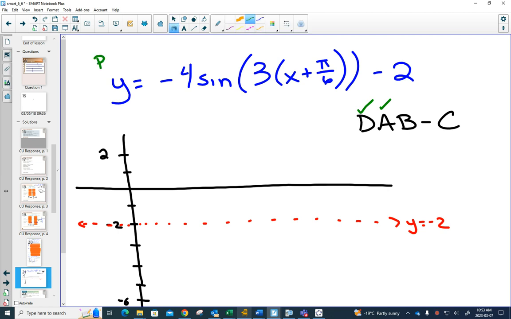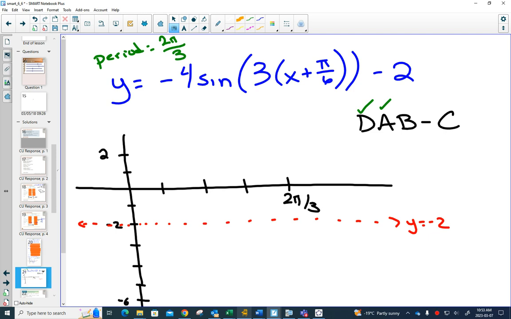Next, our period is 2 pi divided by our B value. So I take 2 pi, our B value is 3. So we know that our period is 2 pi over 3. We can use this, pick a spot somewhere on our x-axis, label 2 pi over 3, divide this into 4 equal sections.